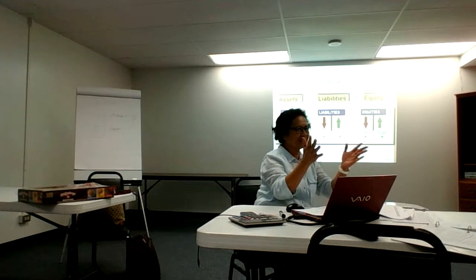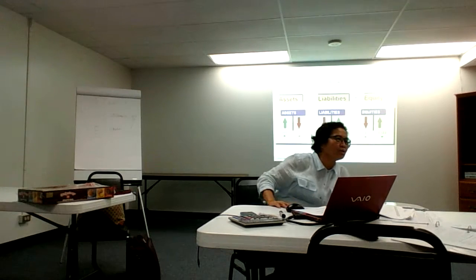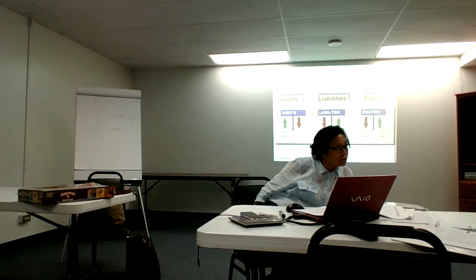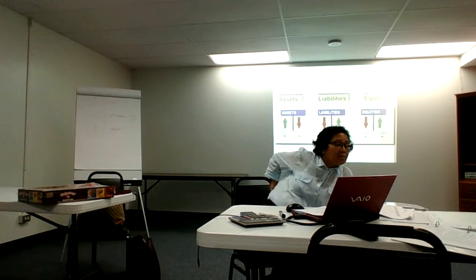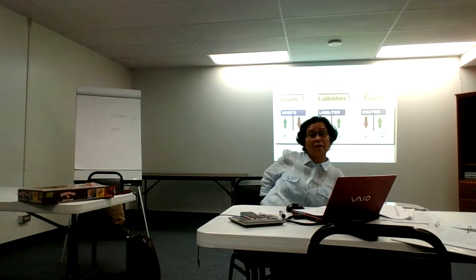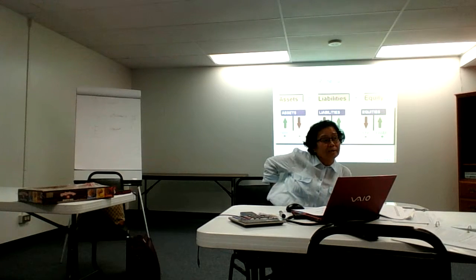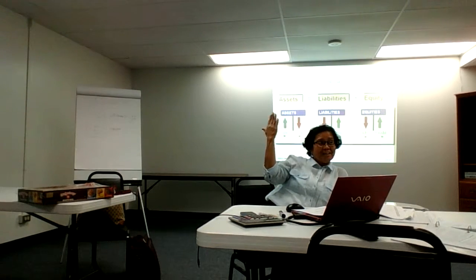If I know the rule of increase, I should know the rule of decrease. If I decrease my asset, what's going to happen? Credit, because I increase with debit. If I decrease my liability, I will debit, because normally the balance is credit.